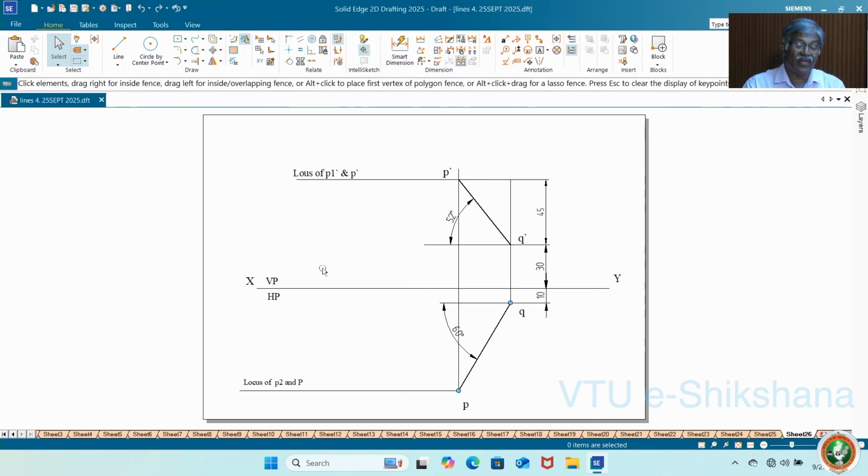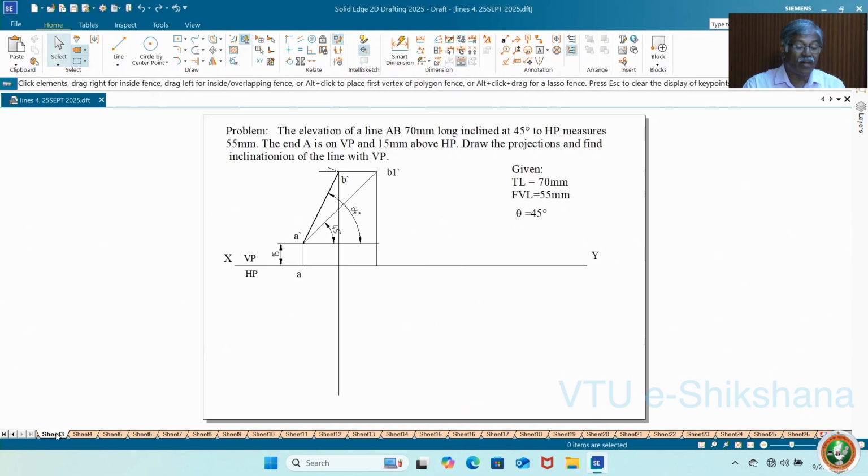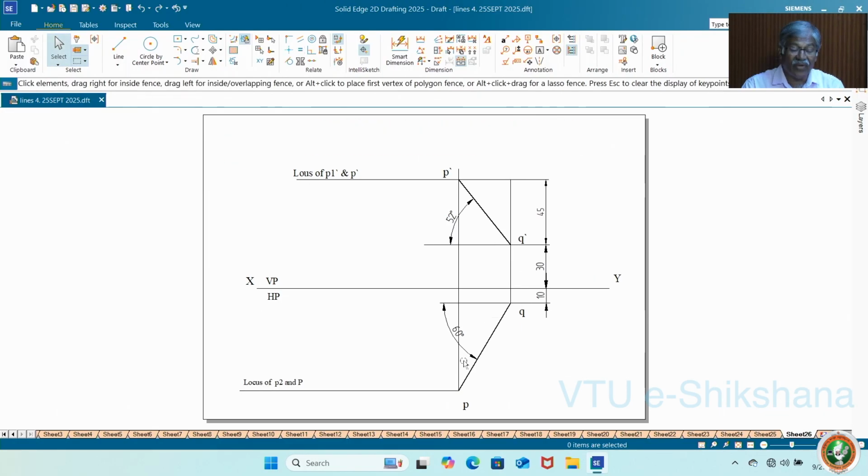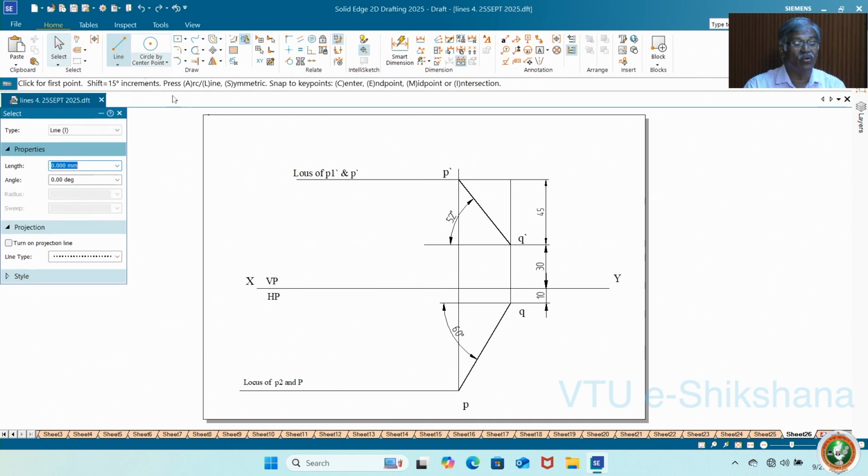Whenever you get the final view, you project and rotate. Here we are having the final view, so you rotate and project, that's all. Reverse procedure. So what I do is I will make it parallel. Since I know the paths, true length paths, I can easily get this.